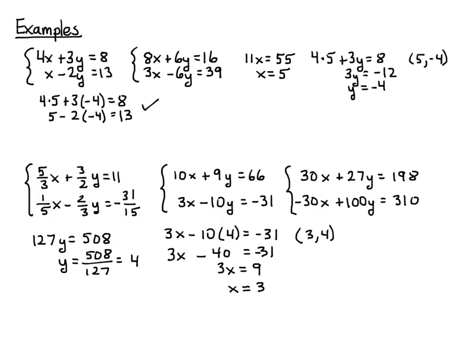So if we take 5/3 times 3, that's going to be 5, and then 3/2 times 4 is going to be 6. So it's going to be 5 plus 6 equals 11, so that one works. And then we have 3/5 minus, looks like 8/3, and that one will take a little bit of piece of paper to do, but it should work. Okay?